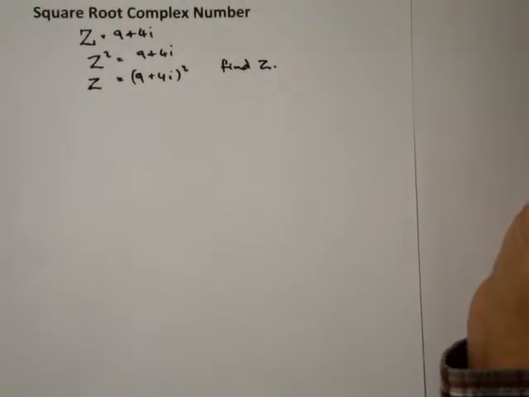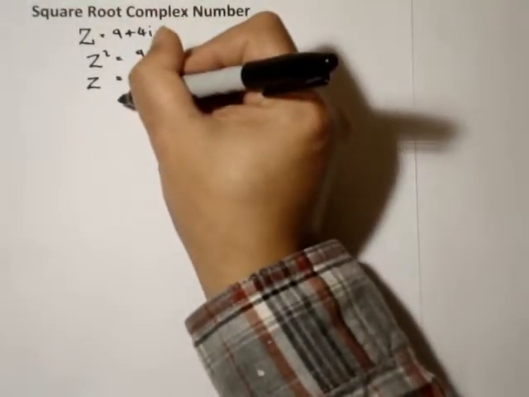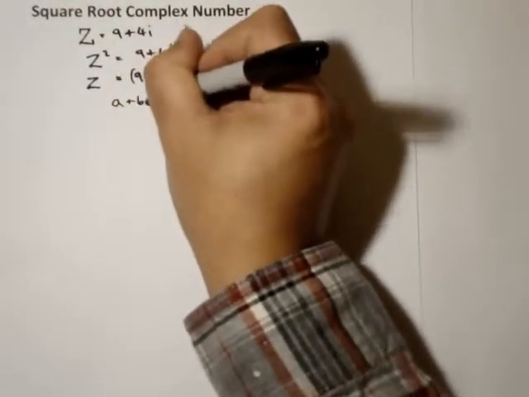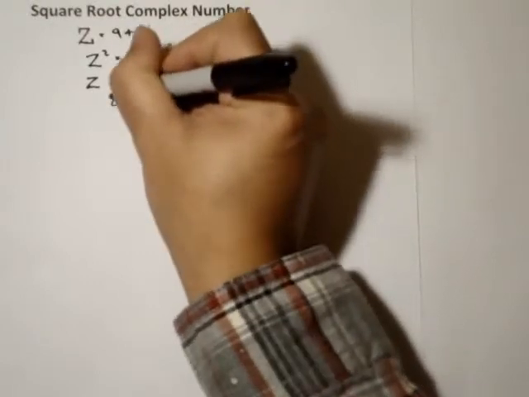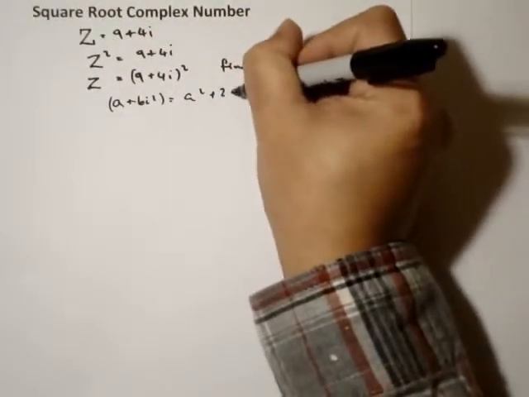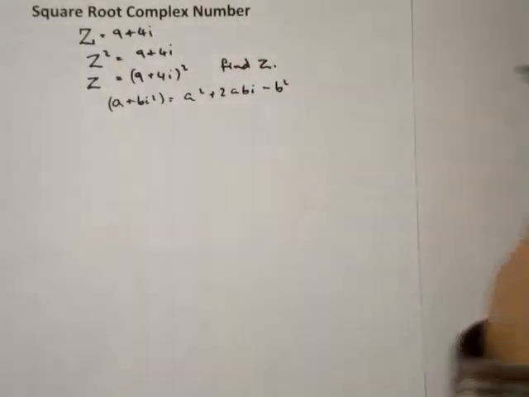So we identify our real parts. So again, a plus bi squared equals a squared plus 2abi minus b squared.